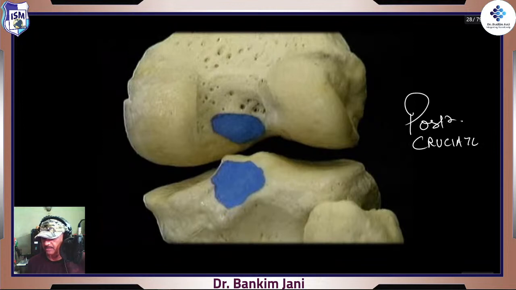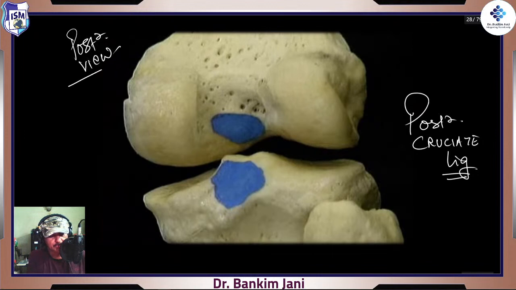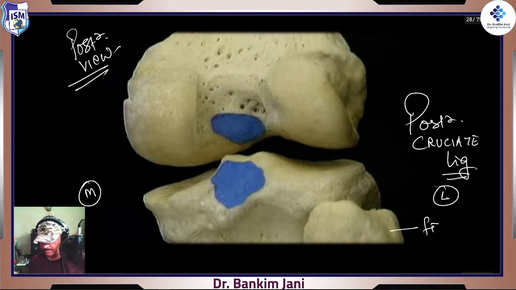cruciate ligament. For proper orientation, let's first get properly oriented, that where exactly we are watching. This is a posterior view. Okay, this is a posterior view. And when this is a posterior view, this one would be the medial and this one would be the lateral. No doubt about it, because here is fibula, so fibula is lateral. So that is medial and lateral.